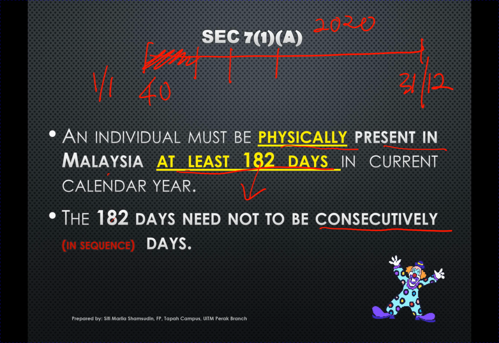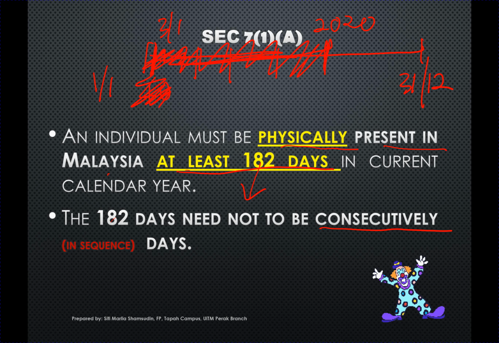Okay, tak apa. Katalah dia stay daripada 3 Januari sampai 31st August. Dia duduk dalam Malaysia. Berapa hari tu?